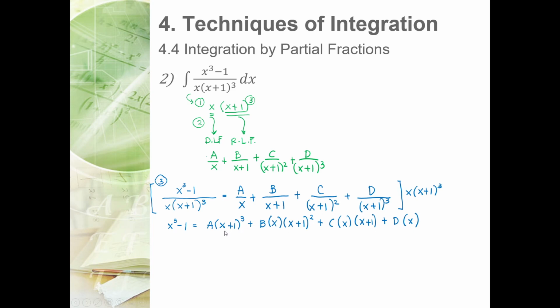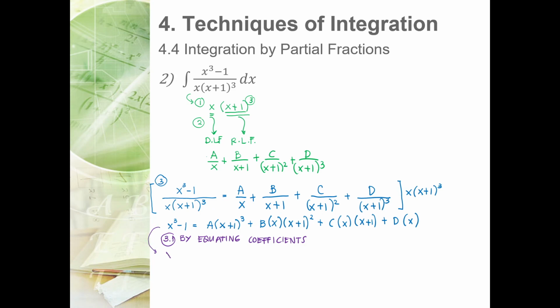If you try using elimination here, it's difficult to solve all the variables A, B, C, and D. So again, using equating coefficients, let's just put here 3.1, by equating coefficients. So again, we need to expand the terms above.